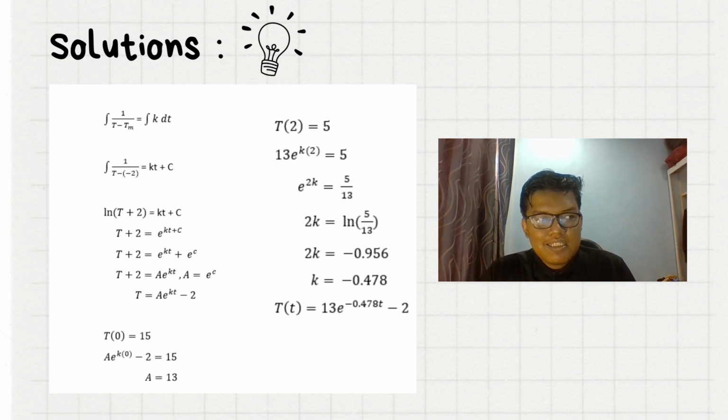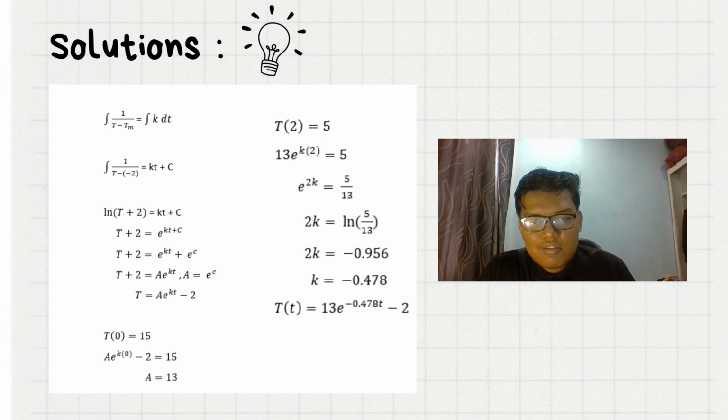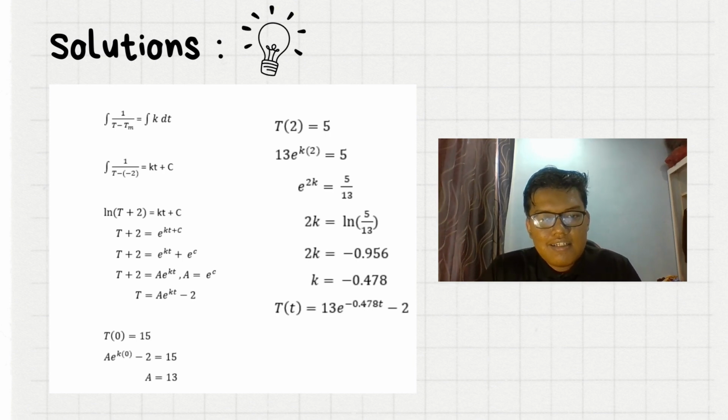Exponent kt plus c, we separate based on the formula, and then we get T plus 2 equals e to the kt times e to the c. e to the c is a constant, so we change it to a constant, so we choose A, and then T plus 2 equals A e to the kt, where A equals e to the c.